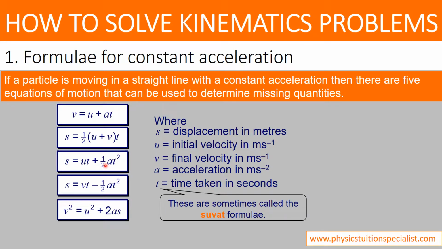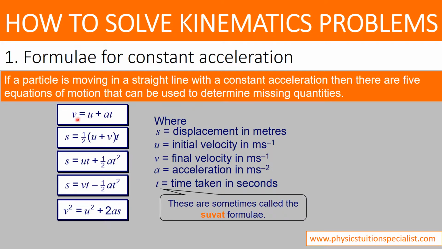So if you know any 3 of these quantities, let's say initial velocity, time, and acceleration, you can find the 4th quantity, which is the displacement. Or if you know displacement, initial velocity, and time, you can find the 4th unknown quantity, which is the acceleration. It's the same for the first equation that we mentioned earlier.